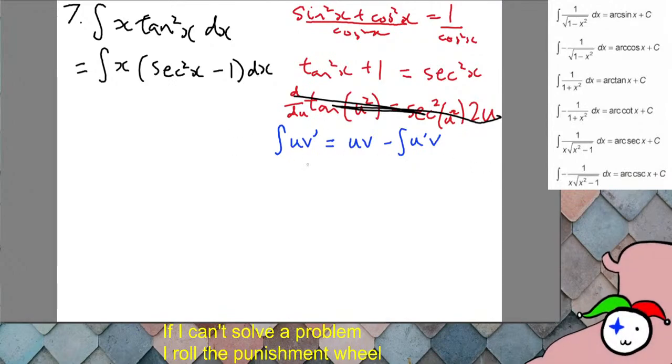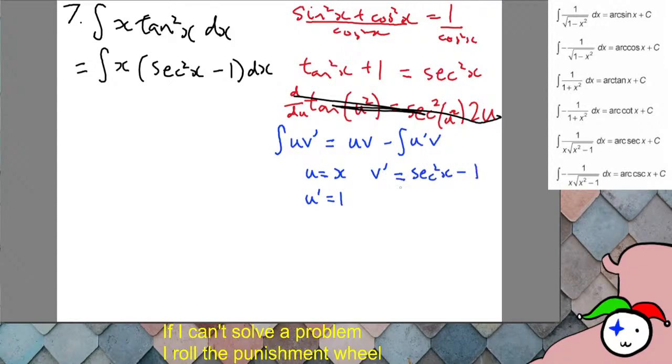So in this case we have u is x, which you can differentiate, gives you what? And v prime here, we can have secant squared of x minus 1. In order to get that, we need to integrate it.